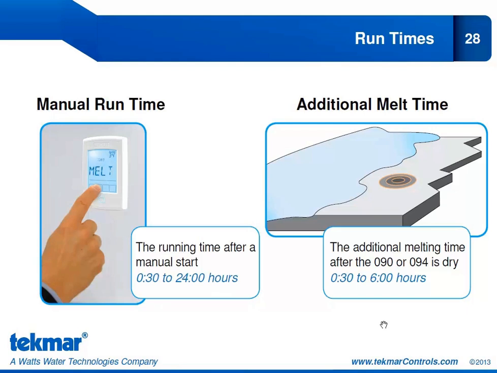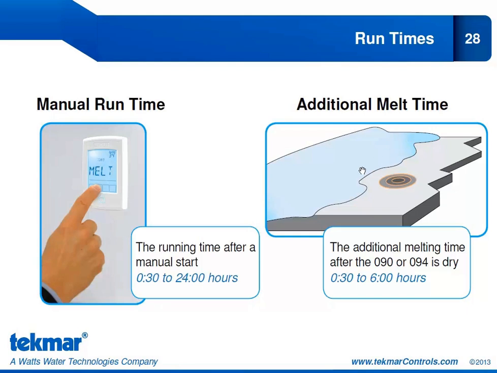You will also input your additional melt time here, and that's if you're using a 090 or 094. So the additional melt time is the time the melt cycle will continue to run after the sensor is dry. So in the image we've shown here, you can see there is no snow on the sensor. The sensor is dry at this point.